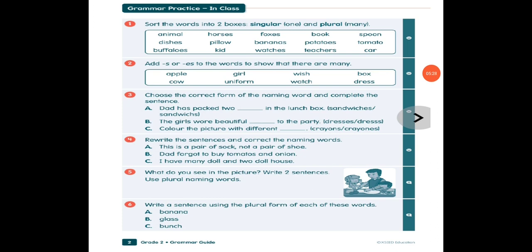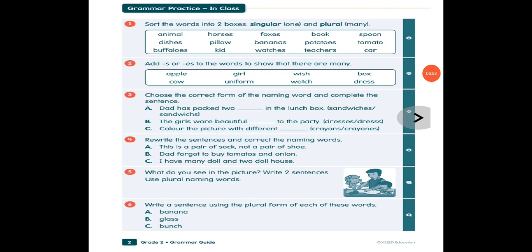You have to make two columns. Write singular on one side and plural on the other side. Sort the words from this box. Which word is singular, you write on the singular side. Which is plural, you write on the plural side.